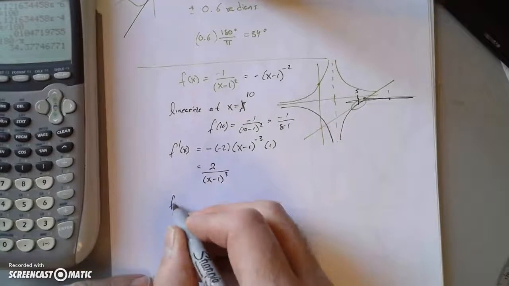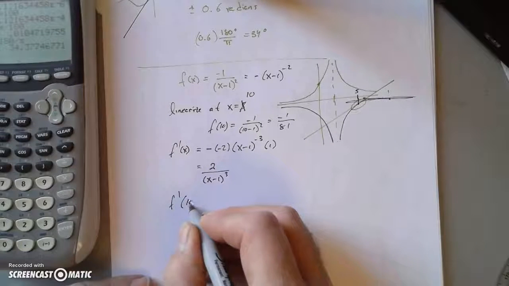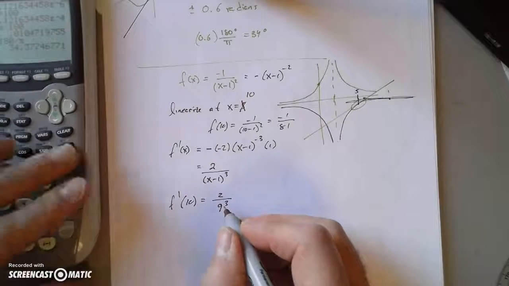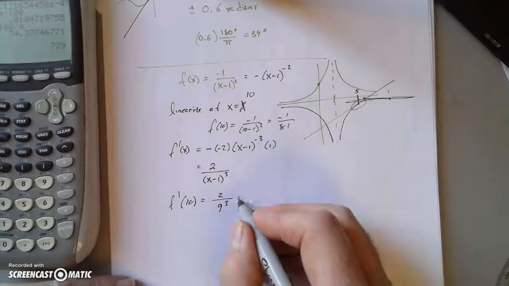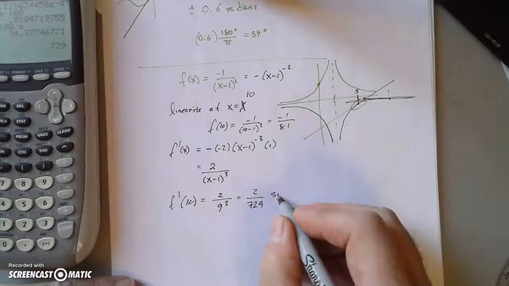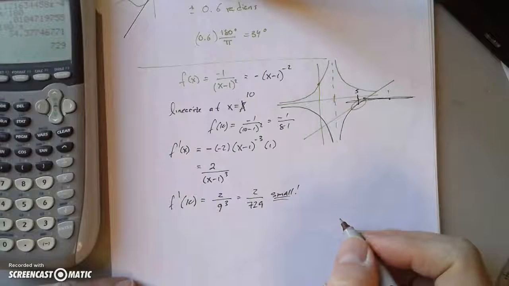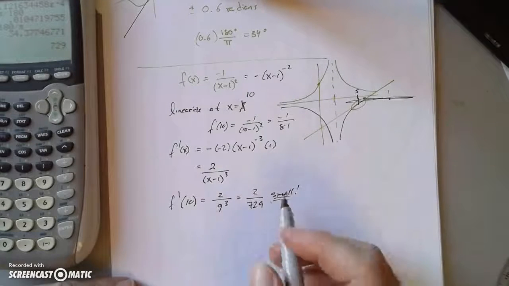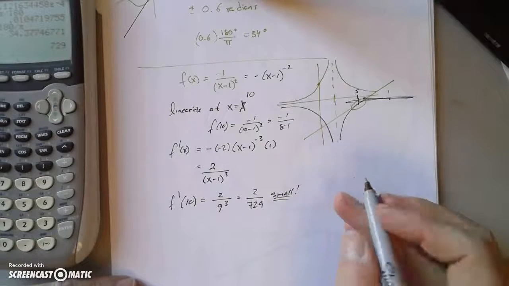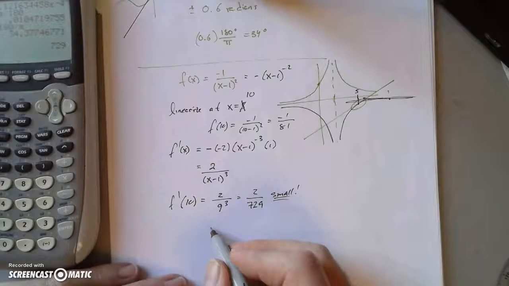Now, if I want to evaluate the derivative at 10, that's going to be 2 over 9 cubed. I think it's 9 cubed. That's 2 over 729. That's small. So our line isn't going to be very steep, not surprisingly. So what do we have? Well, just to make things a little simpler, we'll use the formula this time.